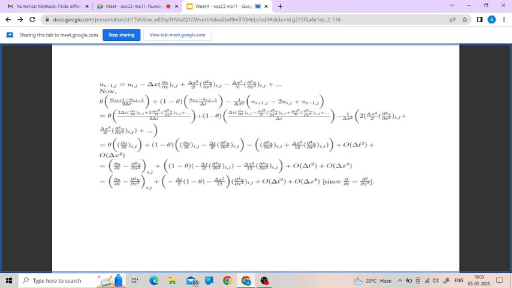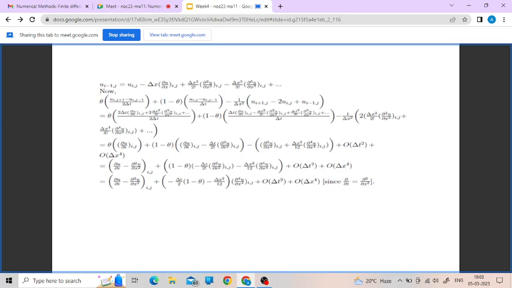So here is our question number 5 that says for C equals 0.5, R equals 0.5, so both the values C and R are 0.5, the Lax-Wendroff scheme for solving the one-dimensional hyperbolic equation.